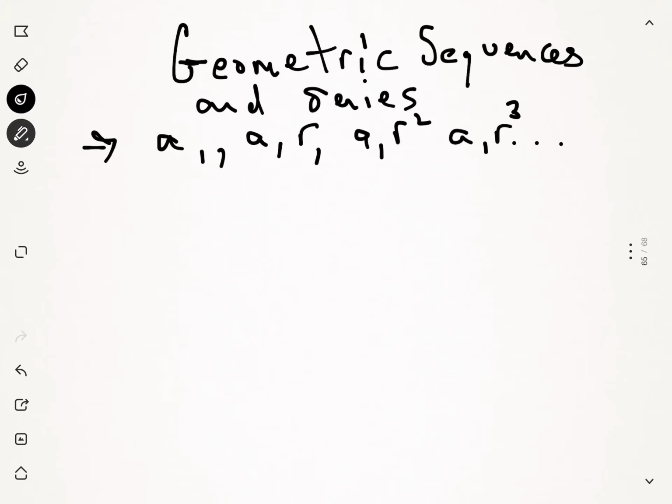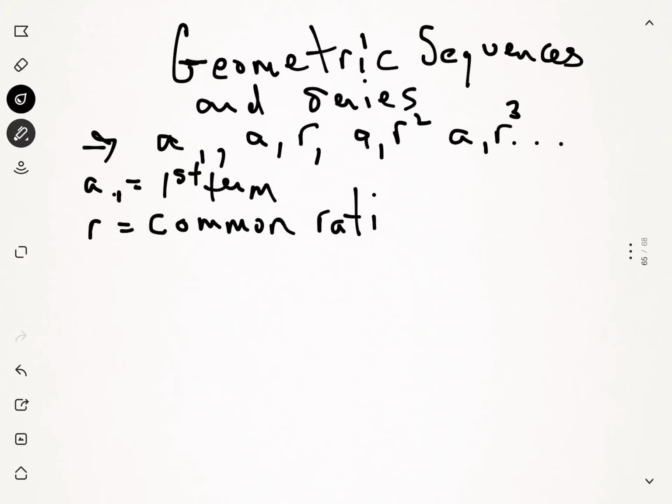The value of a1 is the first term, and r is the common ratio.